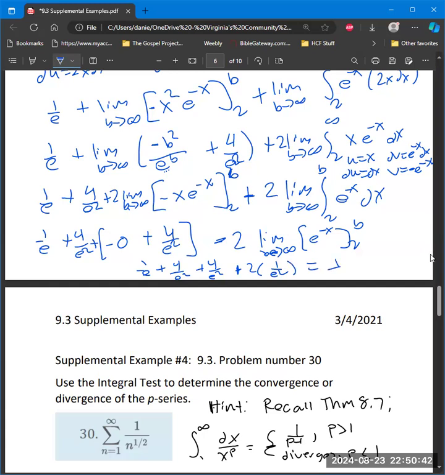So it's going to be 1 over e, and then 4 plus 4 plus 2 is 10 over e squared. So it converges by the integral test.